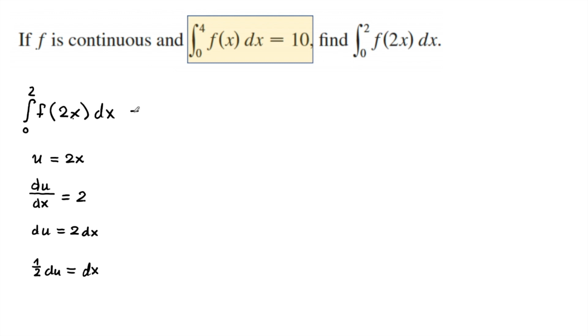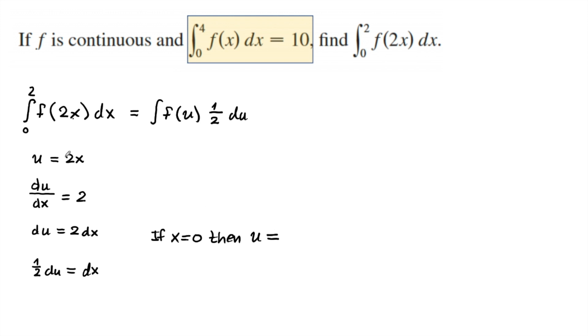So this integral is equal to the integral of f of u, and the dx factor will be half du. So we'll have 1/2 du, and now let's do the bounds of integration. So first 0, if x is equal to 0, then let's see the corresponding u.